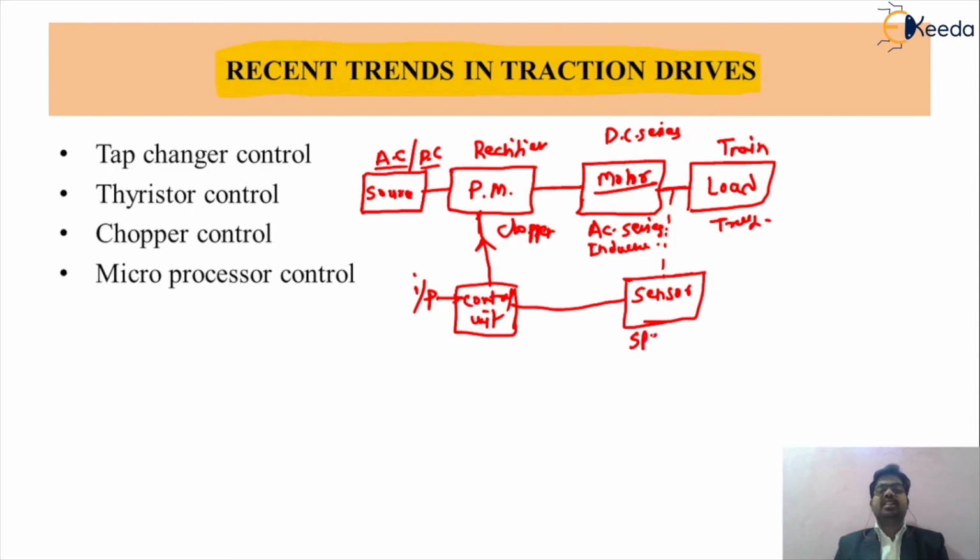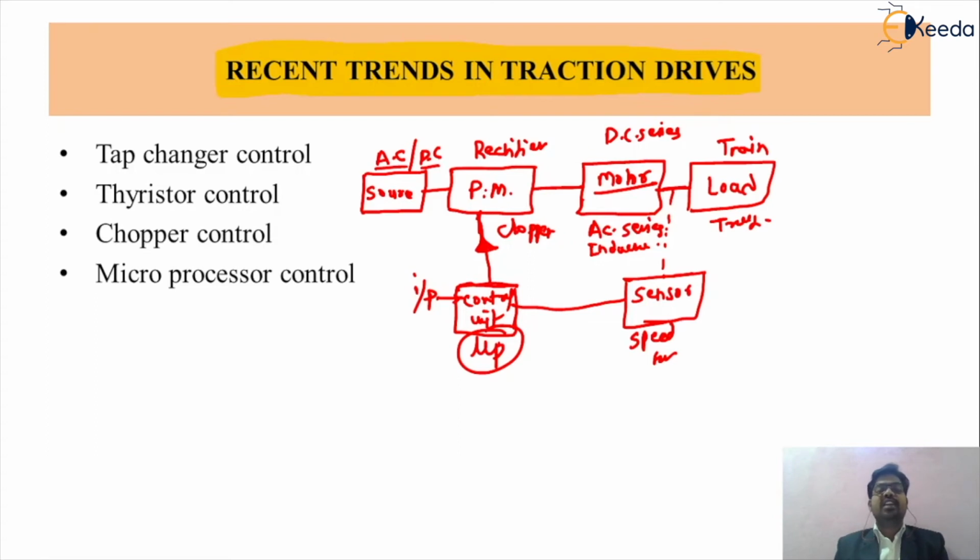The control unit, suppose we take it as a microprocessor, by which we give the command to your power modulator, and according to the change in the power modulator circuitry, we change the speed of your motor. So this is the actual concept of an electric drive as a traction.